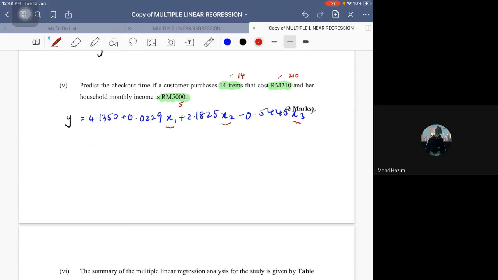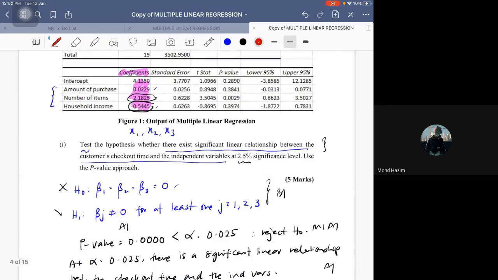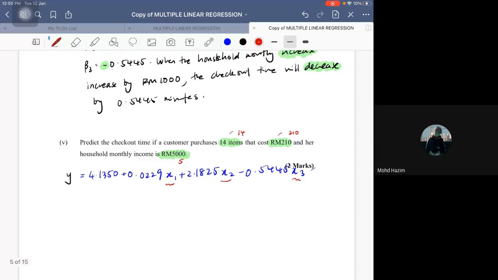So the first one is going to be the x1. What is our x1? Our x1 is going to be the amount of purchase, so here I am supposed to substitute 210. And x2 is going to be the number of items, so here it should be substituted by 14, and x3 is the monthly income in 1000, so therefore this is going to be substituted by 5.